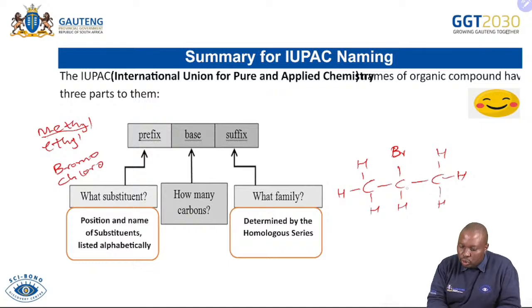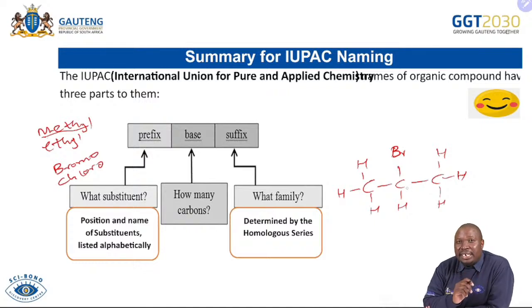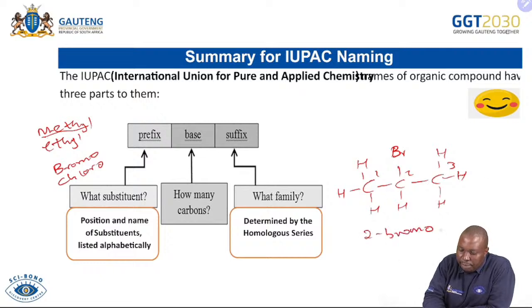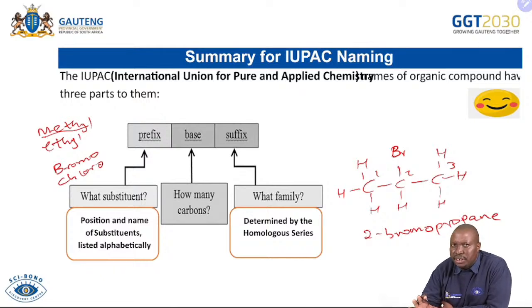It's in carbon number 2. So that's why it's important that you first number the longest carbon chain, which will be 1, 2, 3. So that when you write bromo, you say 2 bromo. Because it's 3 carbon, you know it is propane. Don't forget, we said only esters and carboxylic acid have 2 ways. The rest is 1 way. So this will be 2 bromo propane.